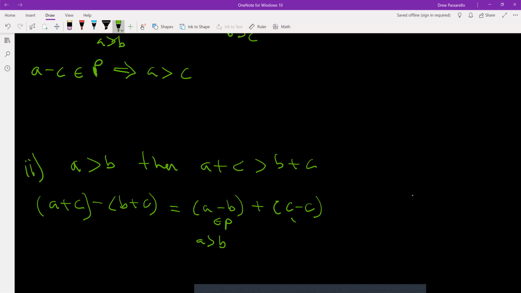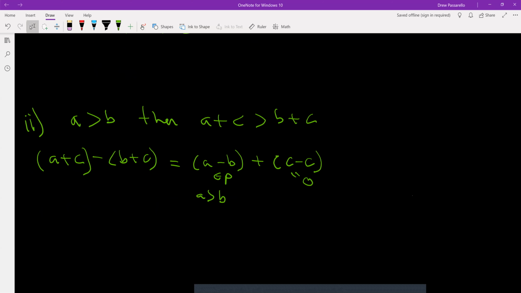And then C minus C, that's 0, right? So then since I have this element of P plus 0, that's going to give me that element in P. So therefore, the whole thing, A plus C minus parentheses B plus C, has to be in P. Which means that A plus C is greater than B plus C. Hope that makes sense.